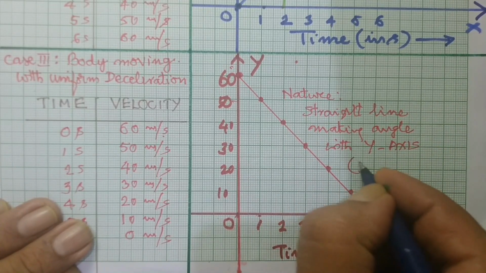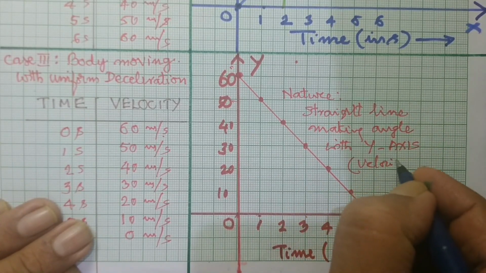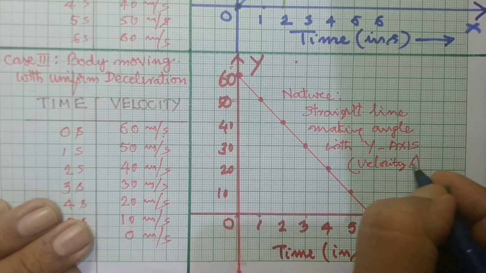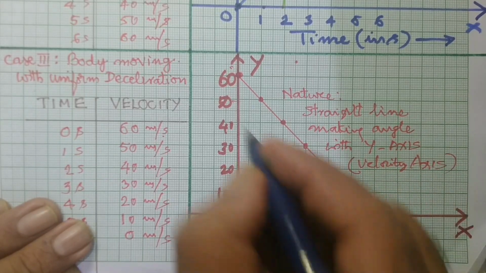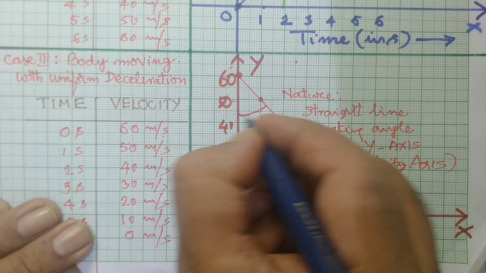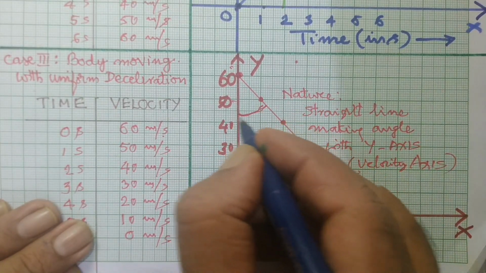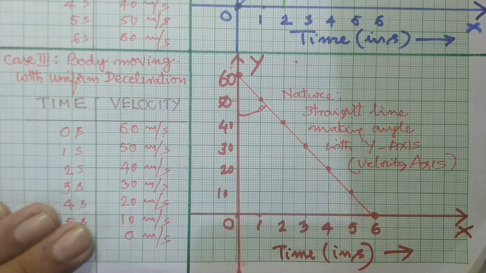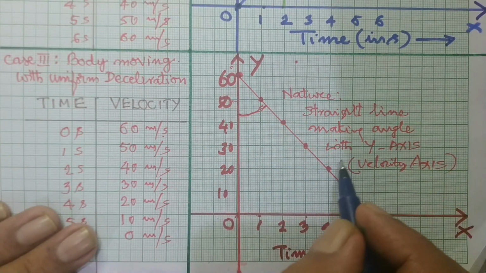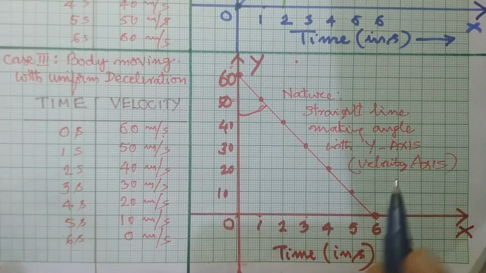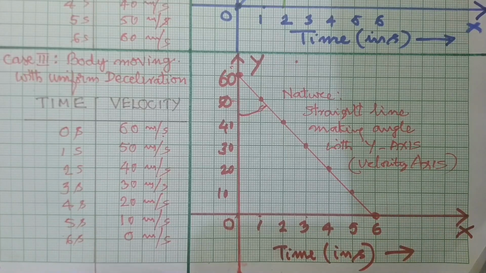Y-axis means we can say that's the velocity axis. I am talking about this one. This angle I am talking about now. Even this also is an angle, but for the purpose of convenience I am telling here, the straight line making angle with the y-axis. These are the three graphs which we can see.